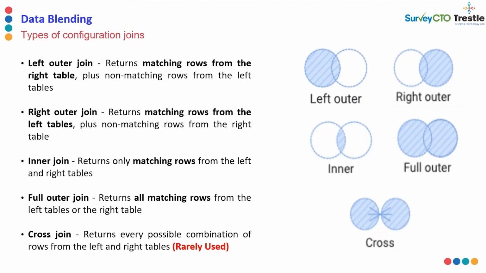When you talk about full outer, it will join all of the data, whether it was present in endline or baseline, midline, whatever. And the cross basically returns every possible combination of rows from the left and the right tables. Most of the time, cross join is not used in our sector. Majorly, full outer and inner are the commonly used joins.